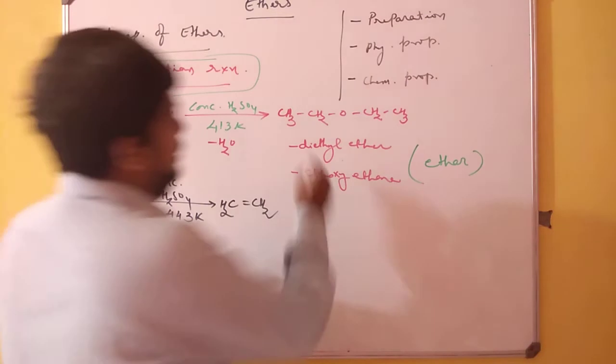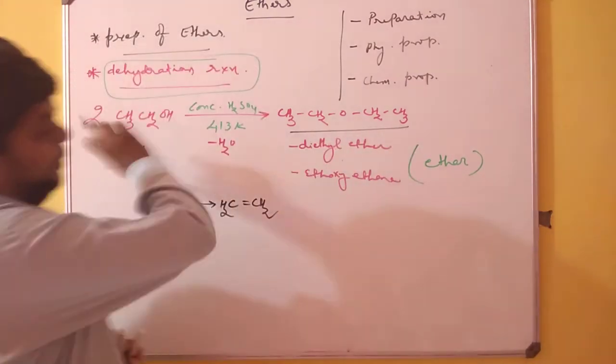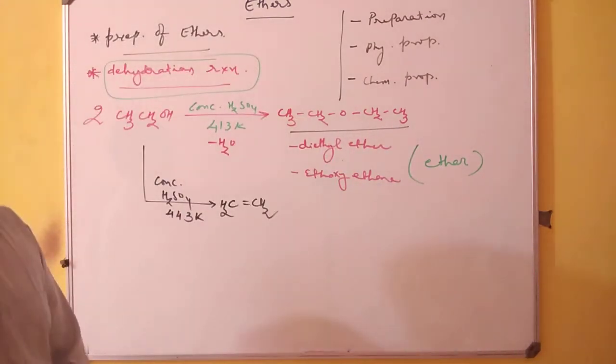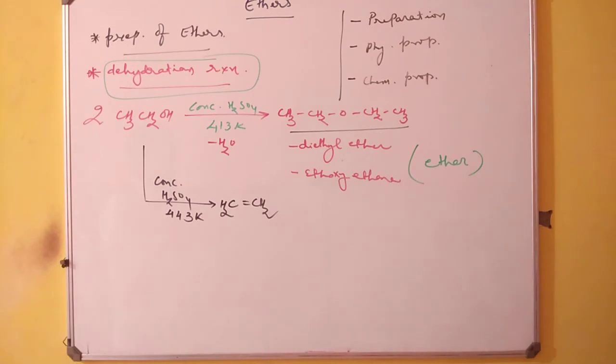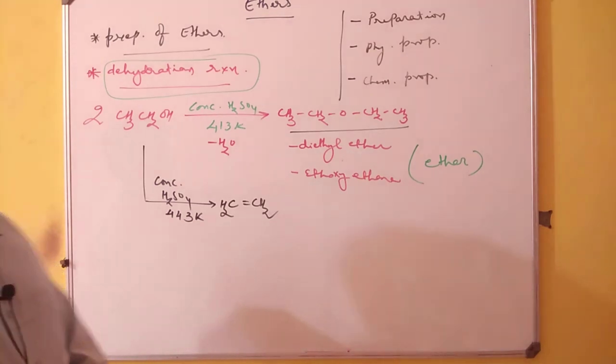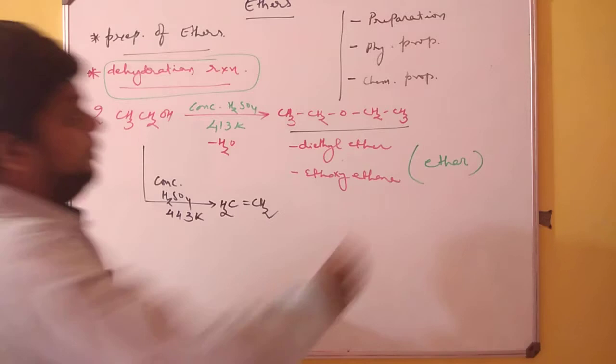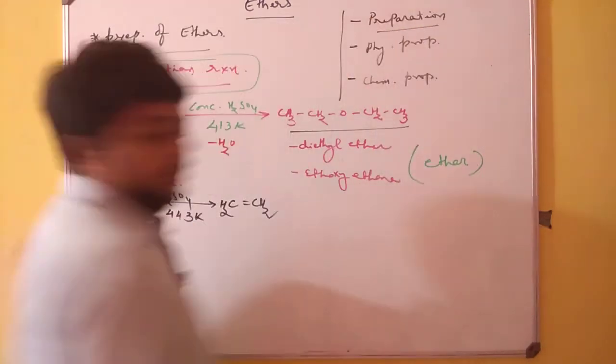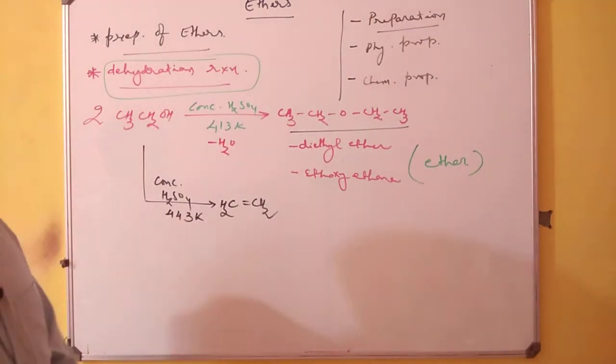But as we are interested in preparing ethers, we would refer the above reaction. So this is the first set of reaction that is very much important from preparation point of view. This is what we are supposed to start from.